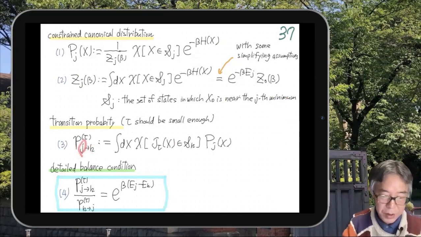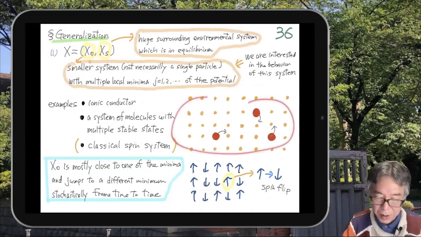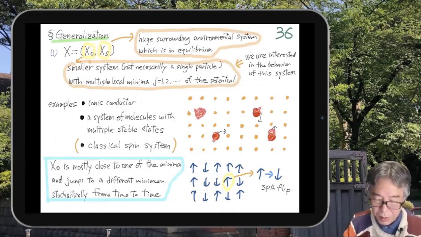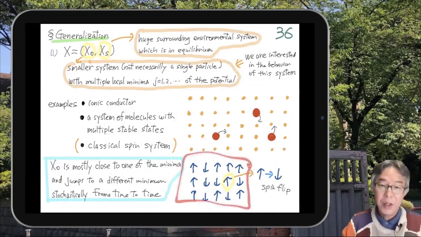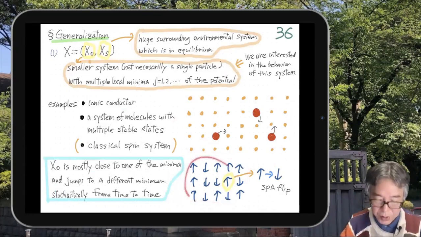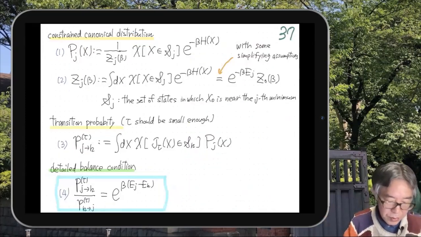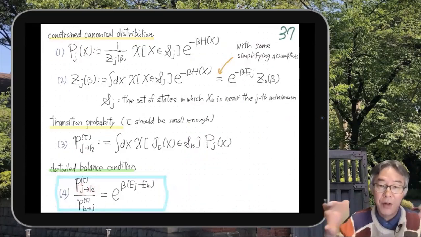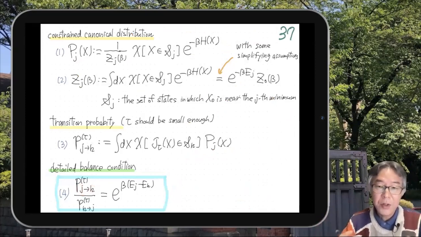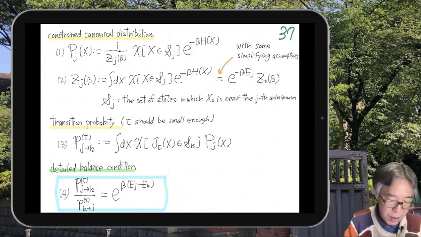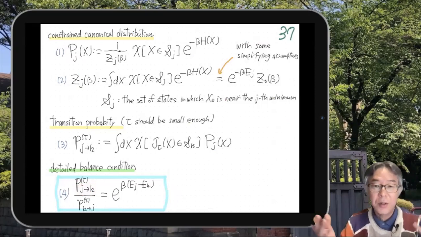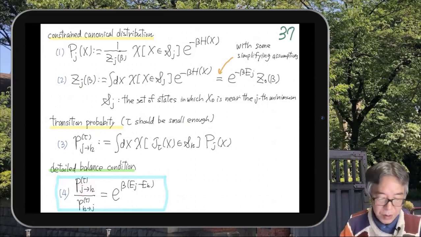In the case of an ionic conductor, J denotes a configuration of all these particles. In a spin system, a single J or K denotes a single spin configuration of the whole system. So a transition from J to K means the configuration changes in a certain way. Usually there is a hop of a single particle, or a flip of a single spin. But anyway, J and K both denote a very complicated configuration of the whole system.